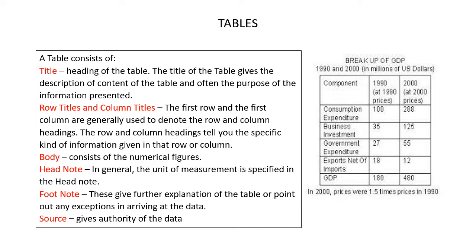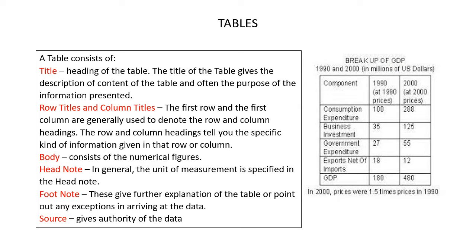Now let's understand all this with this example of a table. Now as you can see, this is the title of the table, breakup of GDP. This title indicates that the numerical values given here in this table are with regard to the breakup of GDP.